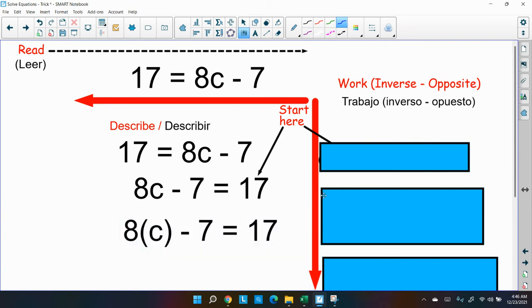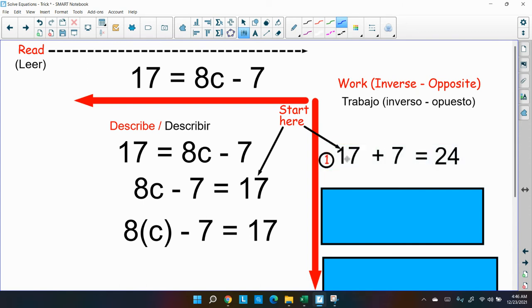So this is what it looks like. So let's see, we have to start with our 17, not the 7, because we're starting with what it equals. And then we add 7, because that's the opposite. When we run backwards, the first thing we run into is the minus 7. So we do the opposite, which is add 7. So 17 plus 7 is 24.